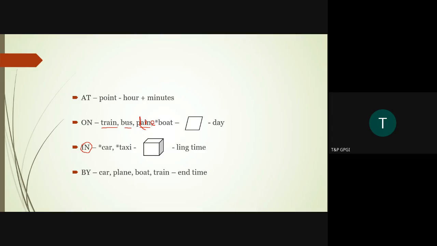Another exception to the on rule is the bicycle. I know I said on is for big vehicles, but a bicycle is small, and it doesn't really have a motor or engine.